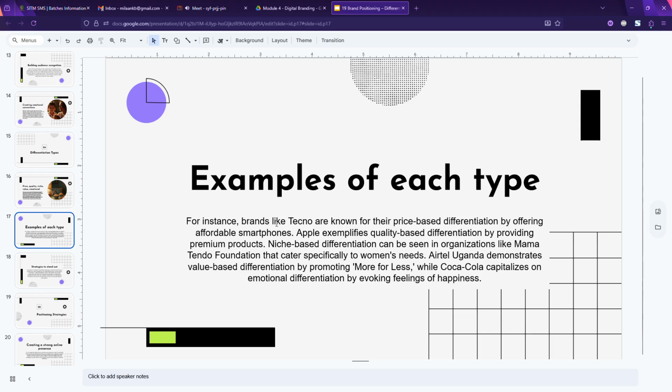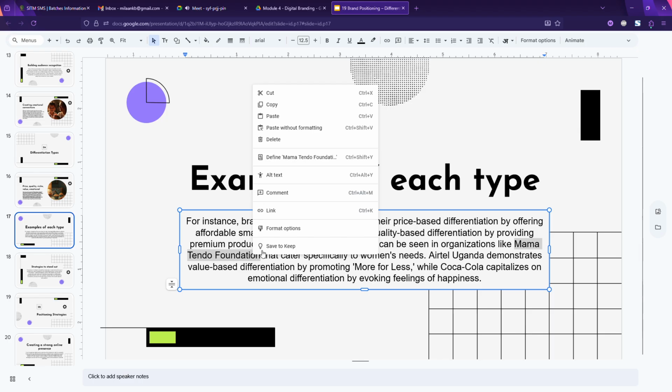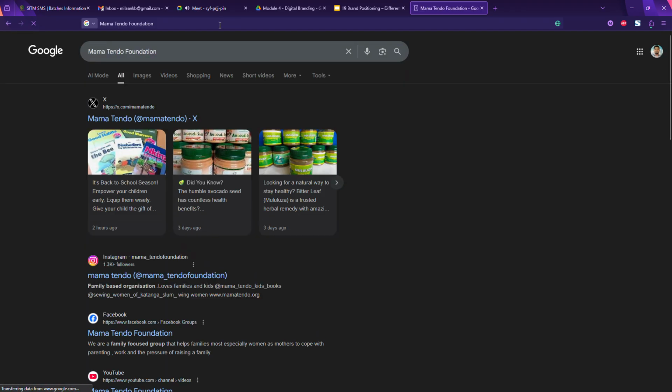So, for instance, examples: Tecno are known for their price-based differentiation by offering affordable smartphones, Tecno mobile phones. Apple exemplifies quality-based differentiation by providing premium products. Mama Tendo Foundation caters specifically to women's needs. This is all sort of, I tried to come up with Uganda-based examples. So Mama Tendo Foundation, if you look it up on the internet, it's an NGO.